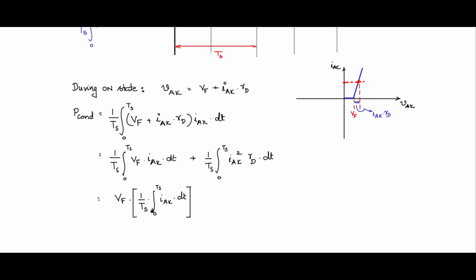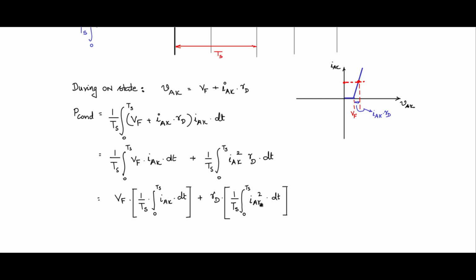This term you see is nothing but I average, the average of the current flowing through the diode. Plus, now RD is a constant term at that operating point, so I will bring that out. The remaining part of the term is 1 by Ts integral of 0 to Ts IAK square dt, and this integral term is nothing but the mean of the current square.